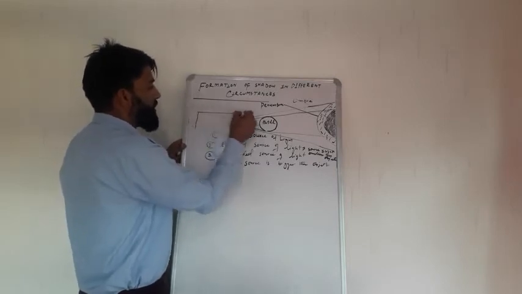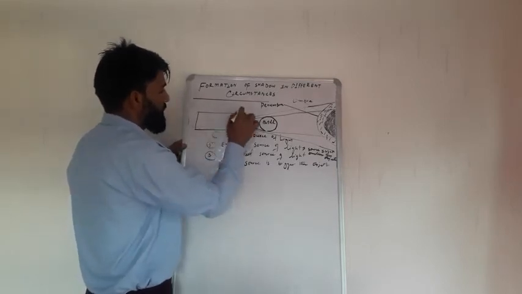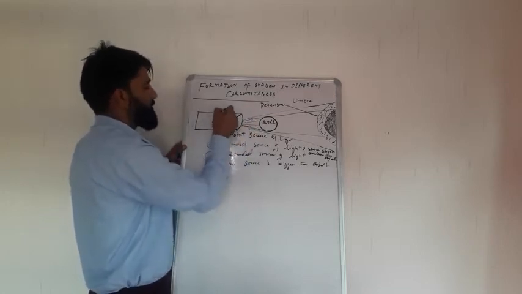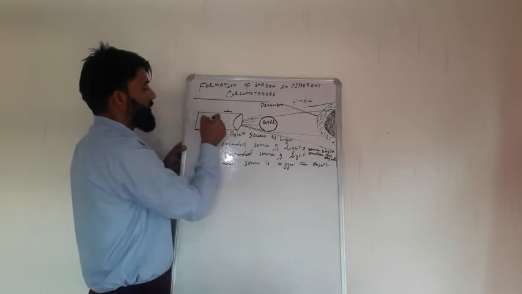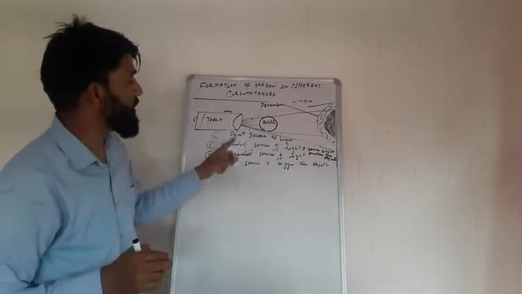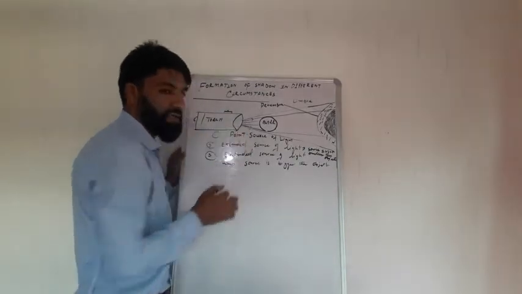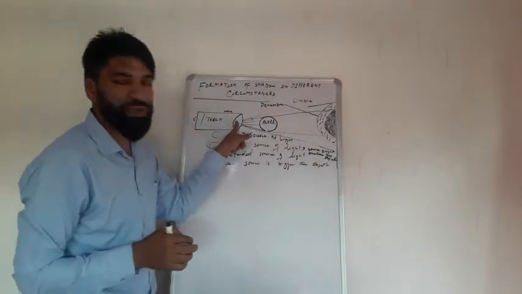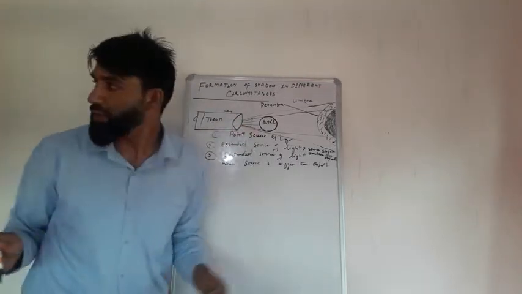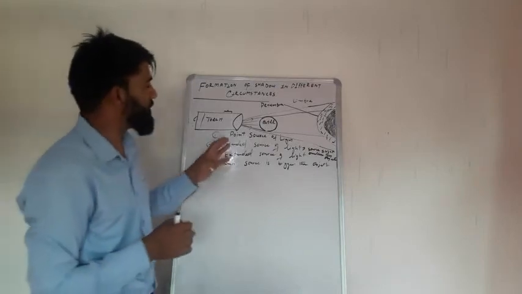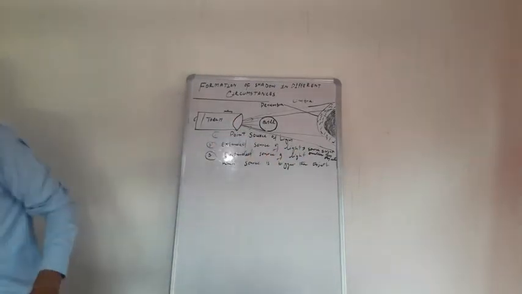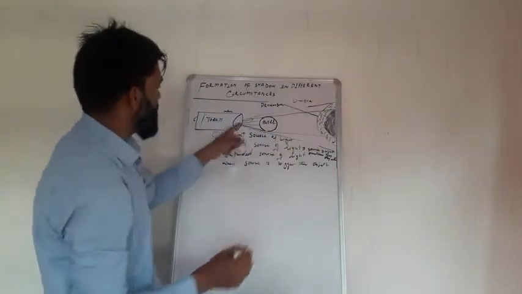This is the torch again. This is the source of light. You will see that the light comes from this bigger source of light.